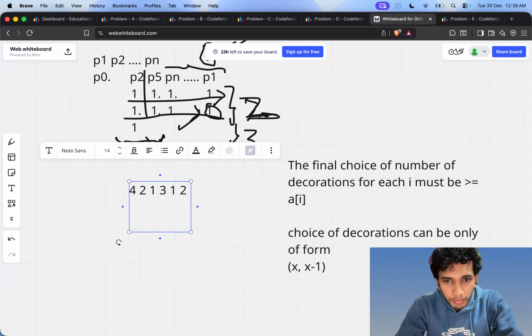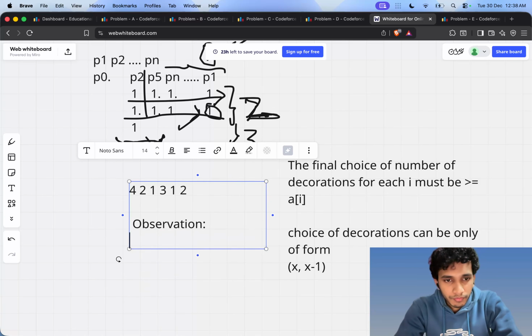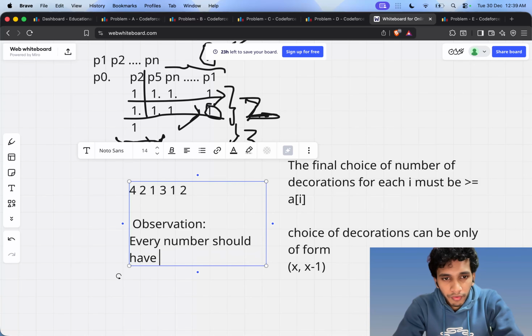So observation: every number should have the option to be equal to max minus 1 at least.